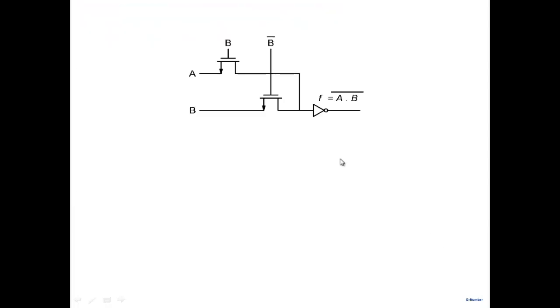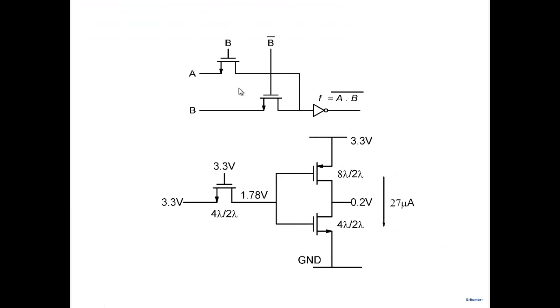Let's look at this one here. I've drawn an NMOS pass gate, and I've drawn an inverter. That's what we are trying to do, use the inverter to restore the logic. Note that I have 3.3 V at the input and 3.3 V at the gate, and because of threshold voltages and all that, I get only 1.78. In fact, because the body is connected to ground, VT is even higher than 1 volt.